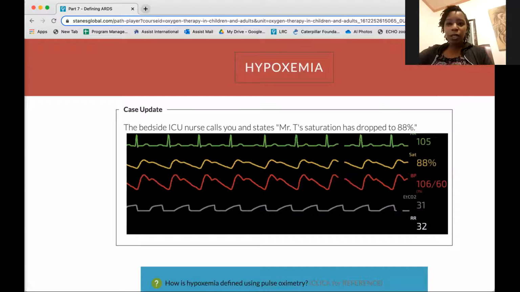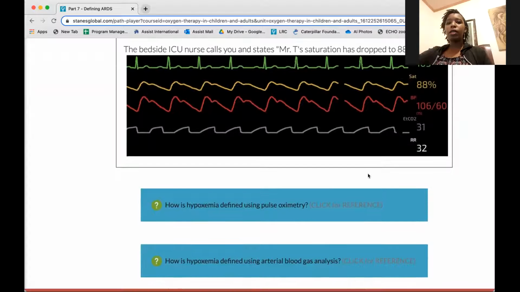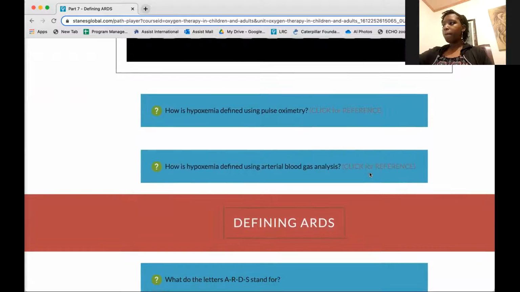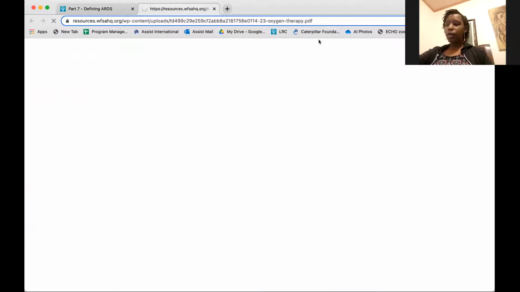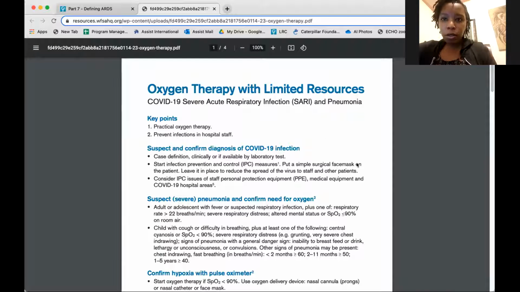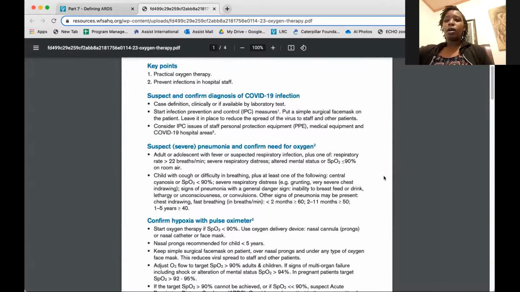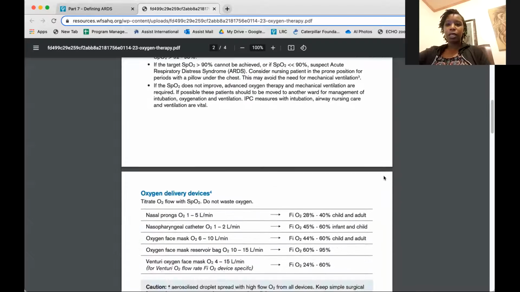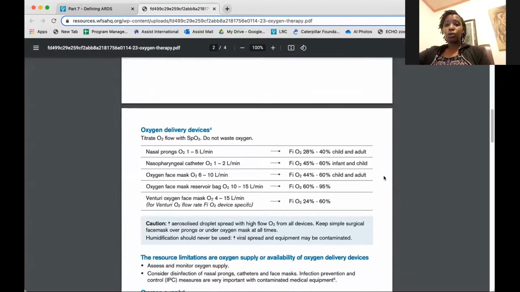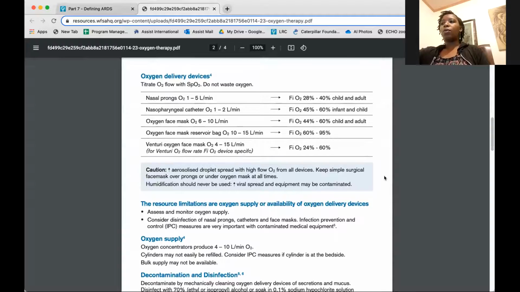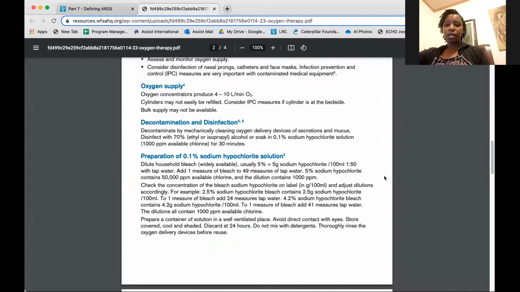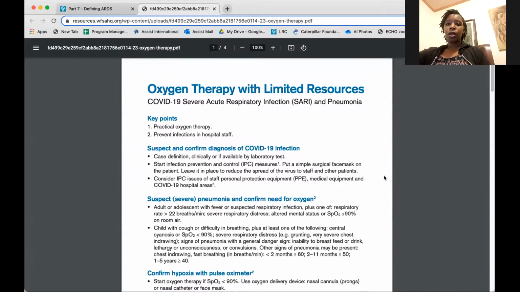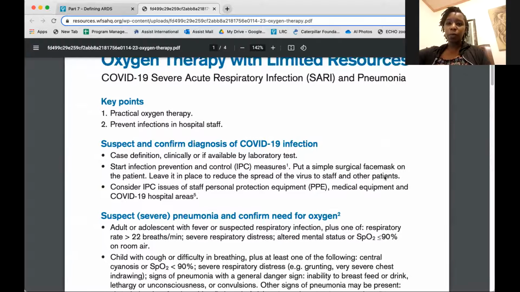So for the first part, let's scroll down. How is hypoxemia defined using pulse oximeter? As you've seen going through this series, hypoxemia means that you're not saturating adequately, and there are various mechanisms that will show this.